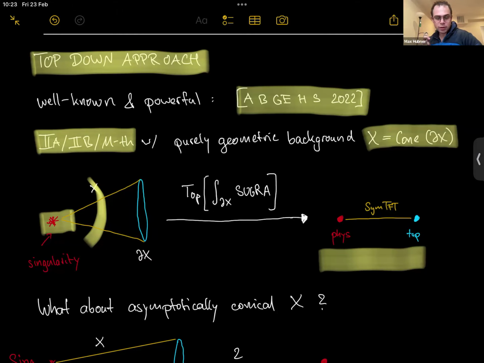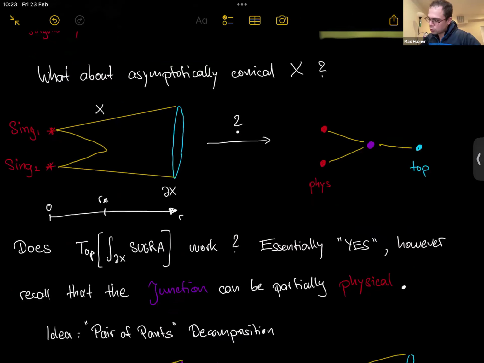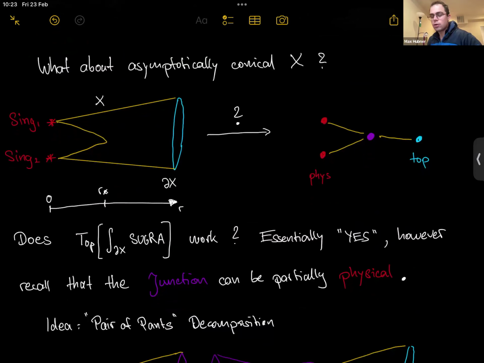And so from this perspective, the question or the setup in which SymTrees arise is, what happens if I, instead of considering a cone, consider now a space X which is only asymptotically conical? So this space is going to have possibly multiple singularities. Two I've drawn in this picture. And each of these singularities can, on vanishing cycles, support localized degrees of freedom.